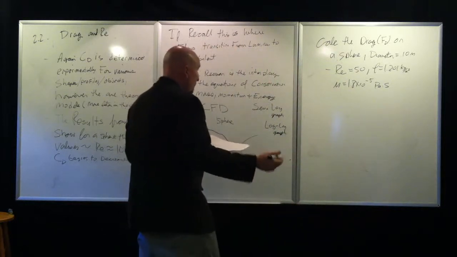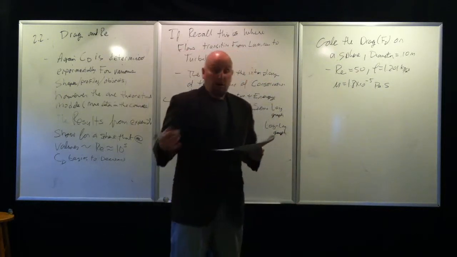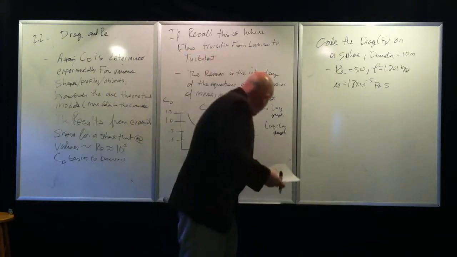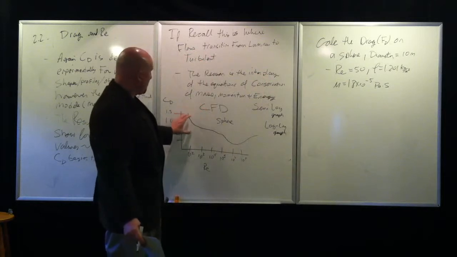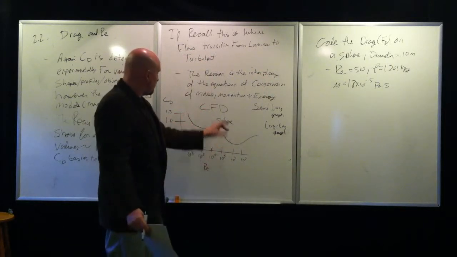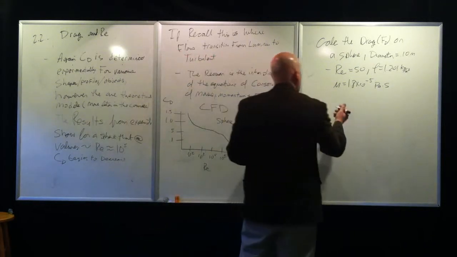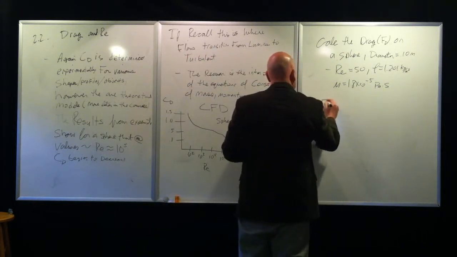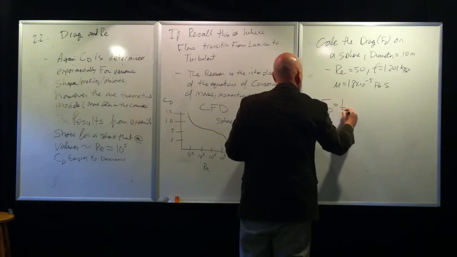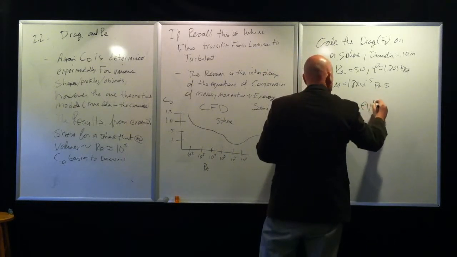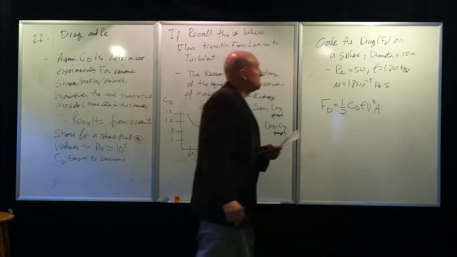So remembering from our other class how we define the coefficient of drag, in this case the coefficient of drag has been given for various Reynolds numbers. So solving this now for the force of drag, which equals 1/2 the coefficient of drag, density, velocity squared, area.